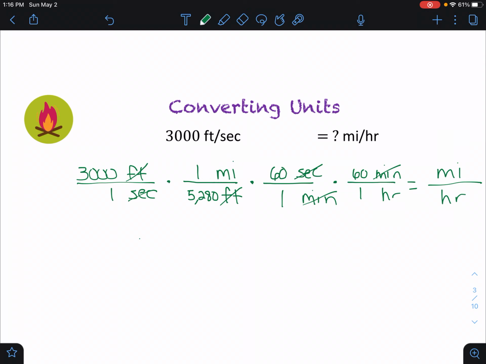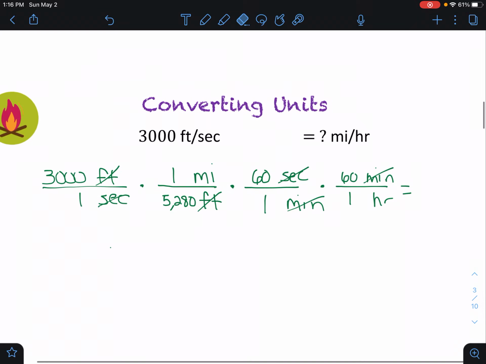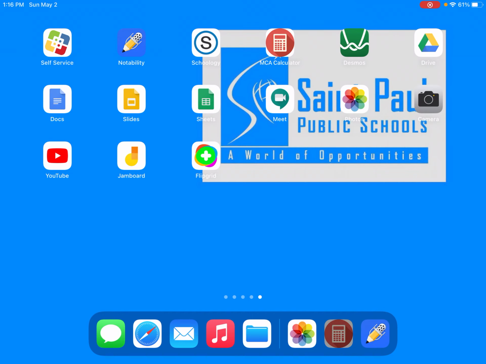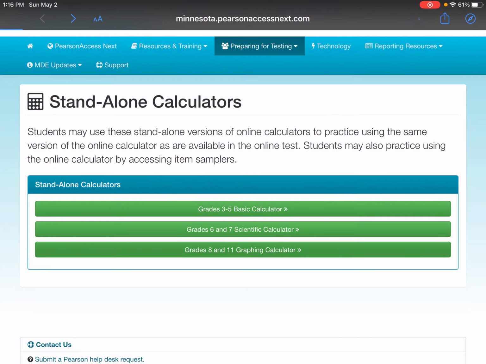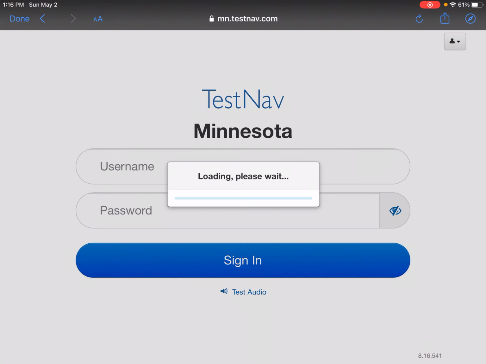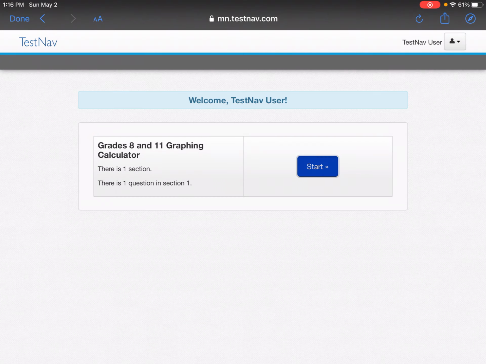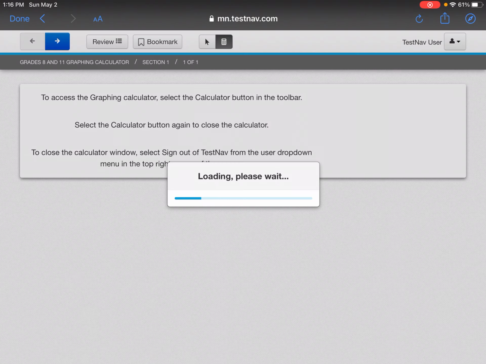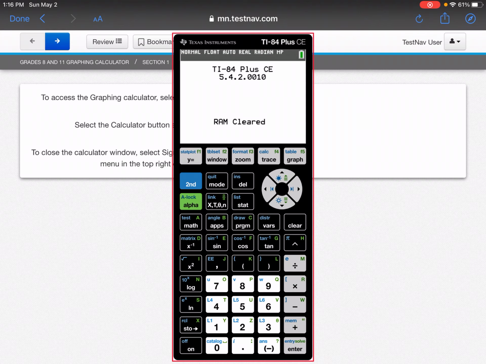Okay, so let's just figure out what we get. I'm going to multiply 3,000 times 60 times 60 on the top. We'll do that on our calculator. 3,000 times 60 times 60.